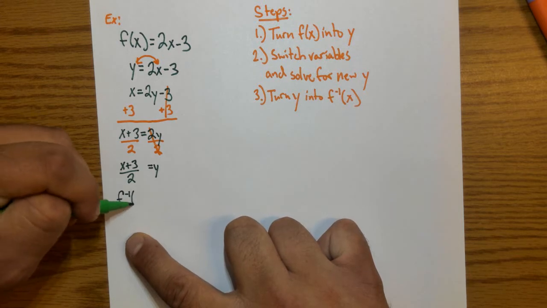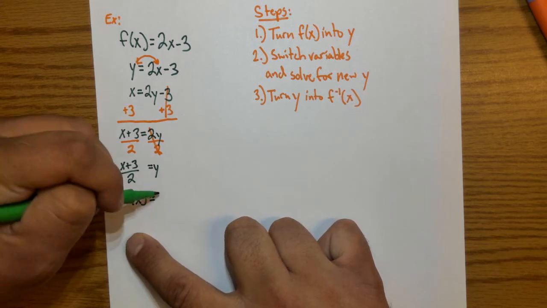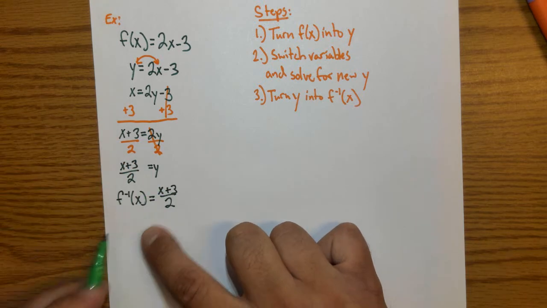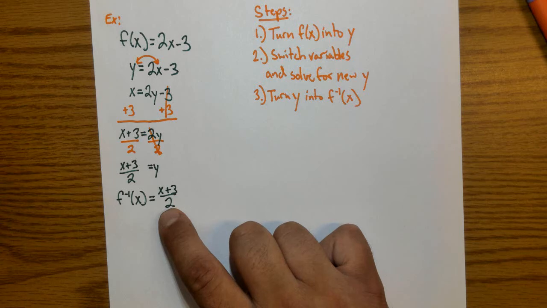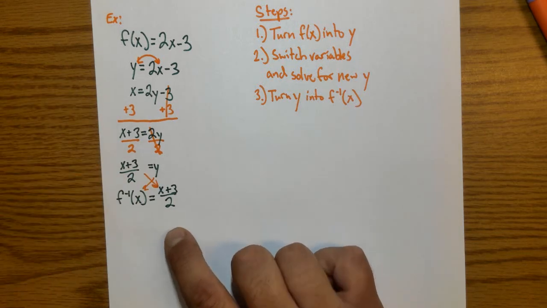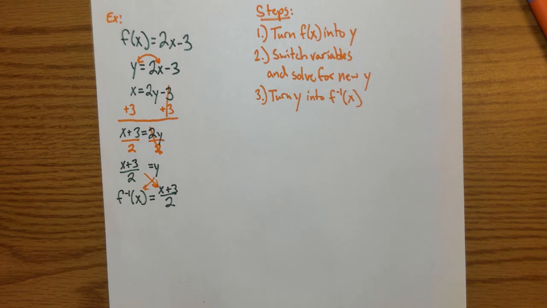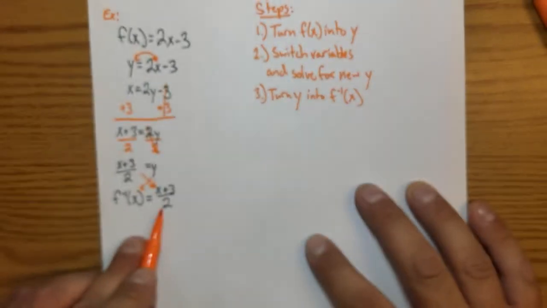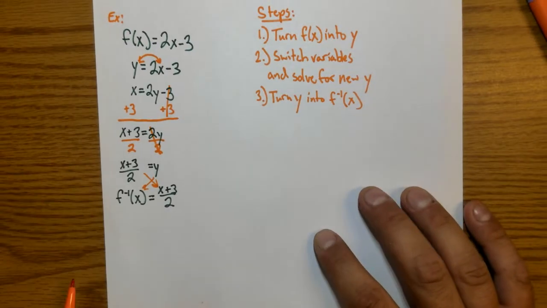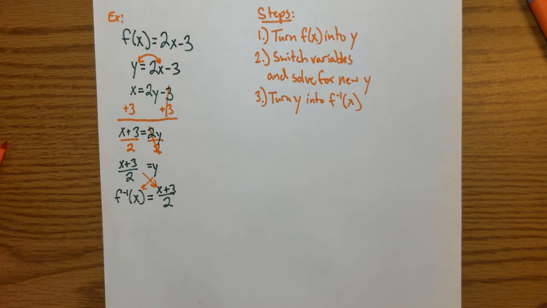So f inverse of x is equal to x plus 3 divided by 2. All I did was switch sides. You can do that. That is fine. And this is the inverse. x plus 3 divided by 2 is the inverse of 2x minus 3. It's pretty cool stuff there.